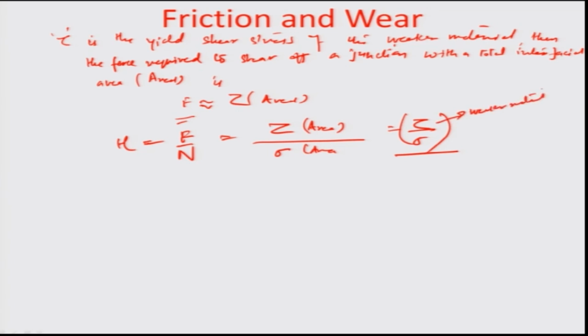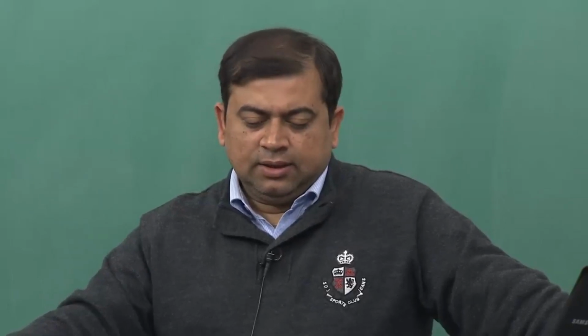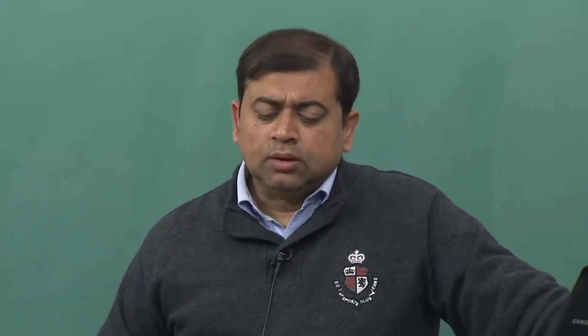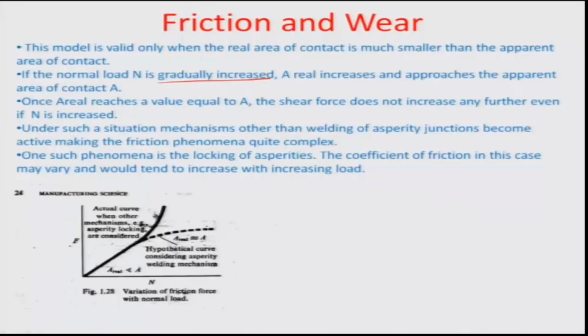So, the model is valid only when the real area of contact is much smaller than the apparent area of contact, and if the normal load N is gradually increased, the A real increases and approaches the apparent area of contact, and once A real reaches a value equal to A, the shear force does not increase any further, even if the normal force N is increased.